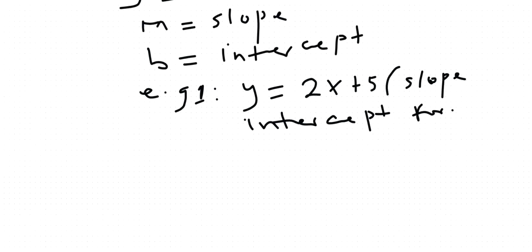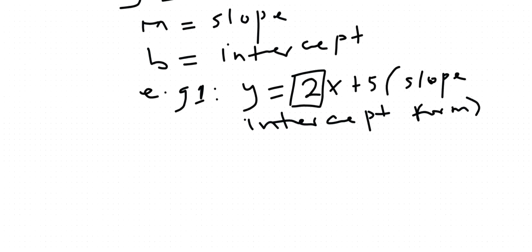So what is our slope? Considering the equation y equals mx plus b, some people may use it as c. Wherever there is a constant, it doesn't matter. Consider that we say m is our slope. That shows that whatever is beside your x is your slope.